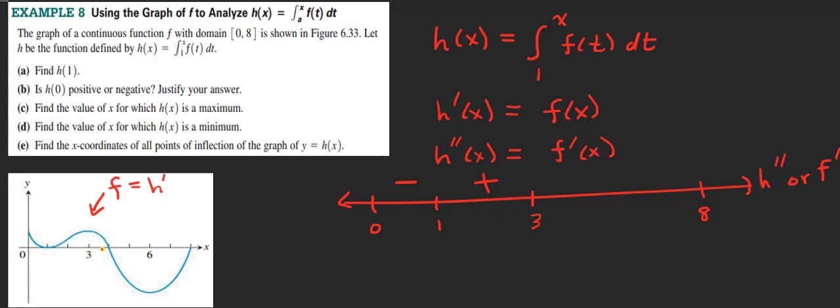And from 3 to 6, f is decreasing. Therefore, f prime is negative. And from 6 to 8, f is increasing. Therefore, f prime is positive. So where are the x-coordinates for all the inflection points for h? Well, that's when the sign changes, either from negative to positive or positive to negative. It happens when x equals 1, x equals 3, and x equals 6.